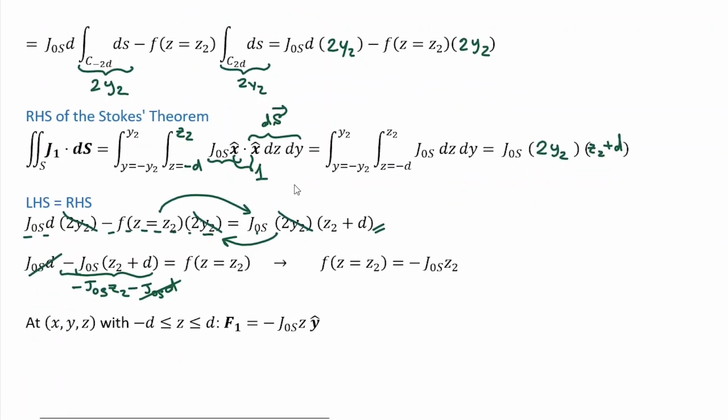This means that at an arbitrary x, y, z inside of the slab, we have F1 equal to this guy, with z now being just some arbitrary variable, and with the direction added back to it.